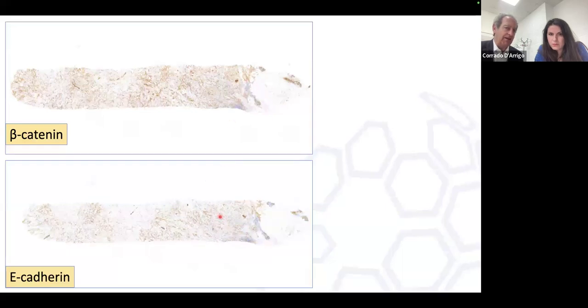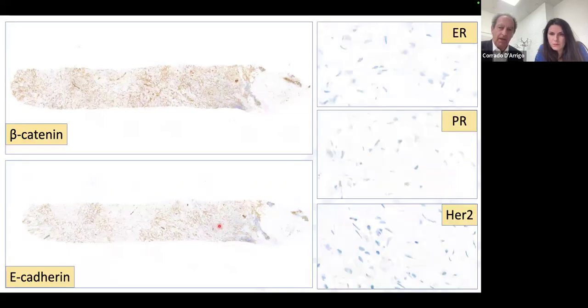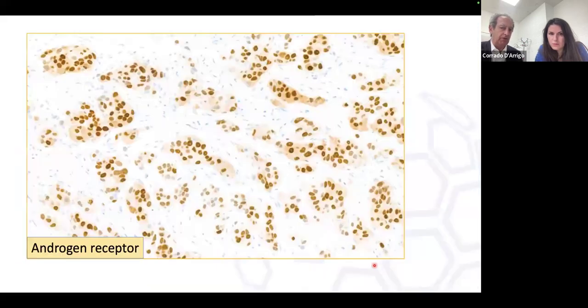But beta-catenin and E-cadherin show good expression, and ER, PR, and HER2 are negative. Now, think about luminal androgen receptor positive, because you can diagnose it and it has a meaning. This is the androgen receptor, it is positive. You could also do a CK7, because you should be luminal in phenotype, not basal.